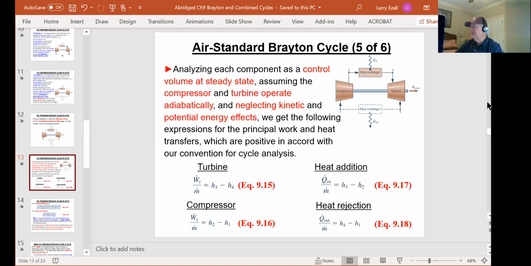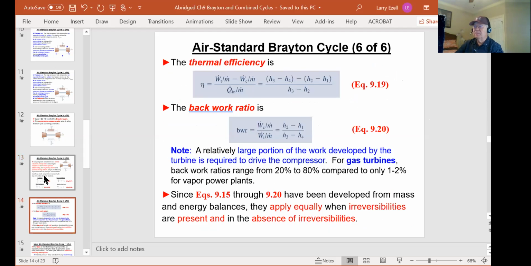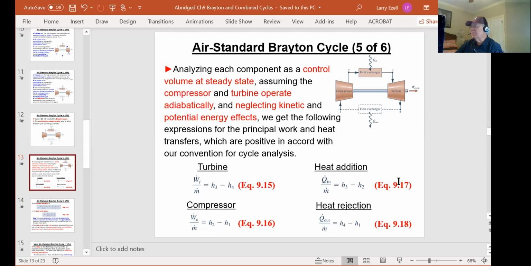This heat addition here in the combustor, they call it a heat exchanger now, but that's the combustor. It'll come out H3 minus H2. But the compressor, let's look at it, all right?